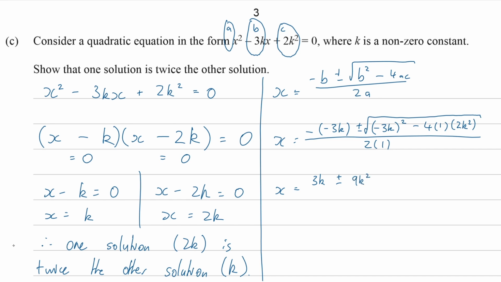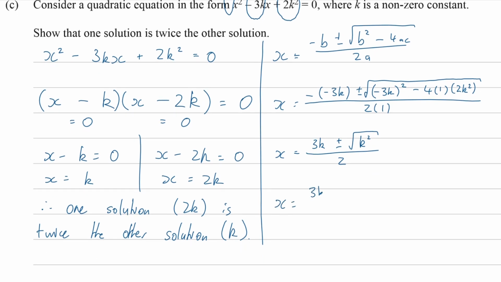Minus 4 times 1 times 2k squared, minus 8k squared. Let's just do an extra step here. So 9k squared minus 8k squared is k squared, over 2 times 1, or 2. Square root of k squared is k.